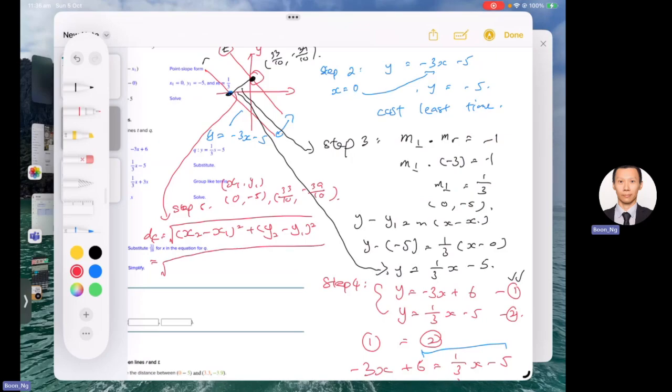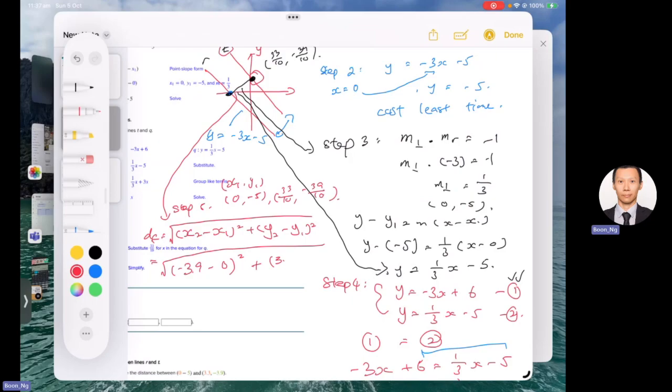So x2 will be... I decided to use decimals, it will be less writing. Oh sorry, I made a mistake.